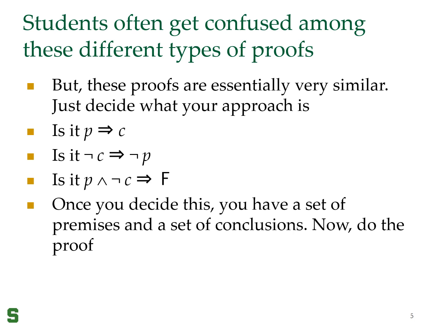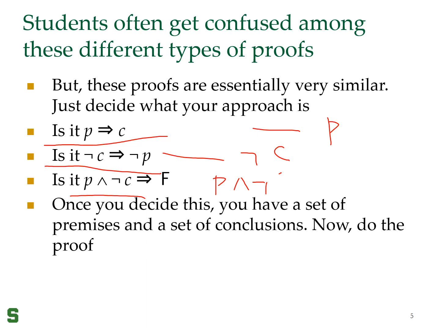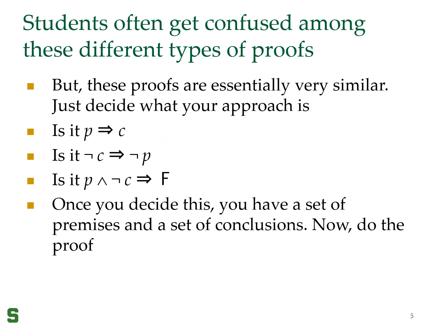So if you're going to follow a proof of this type, your hypothesis is going to be P. If you're going to follow this, your hypothesis is going to be not C. Here your hypothesis is going to be P and not C. Also, it's going to decide what your conclusion is, and your conclusion would be one of these depending on which proof method you decide to use.